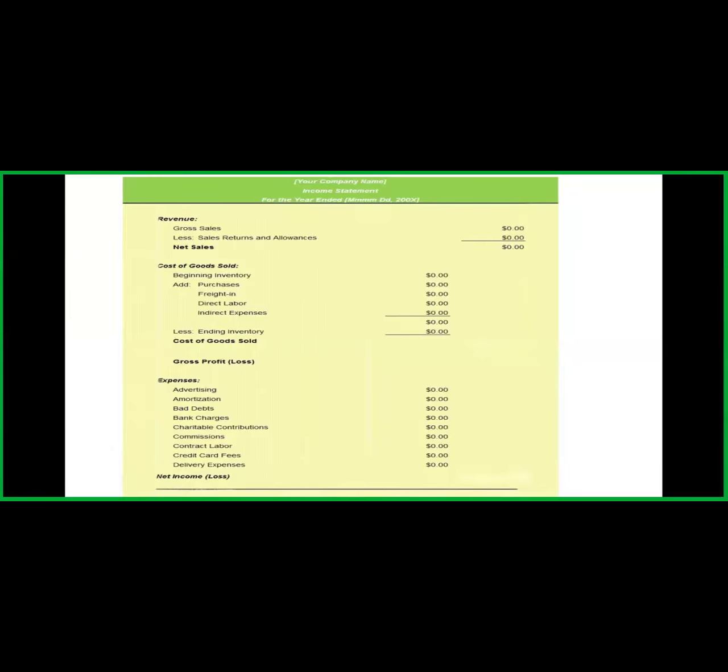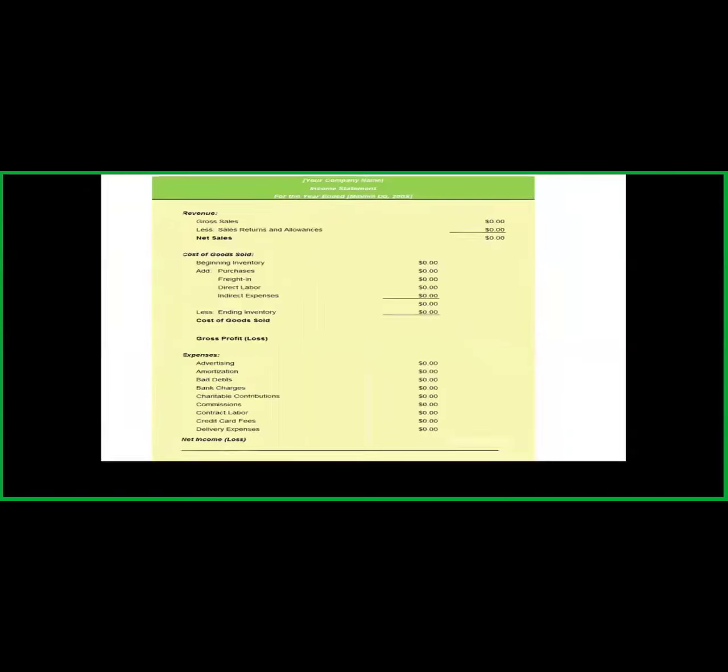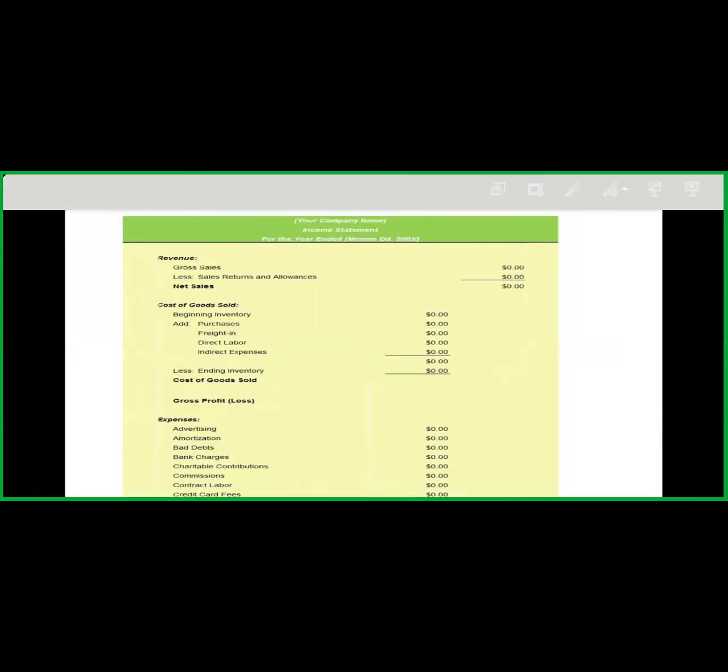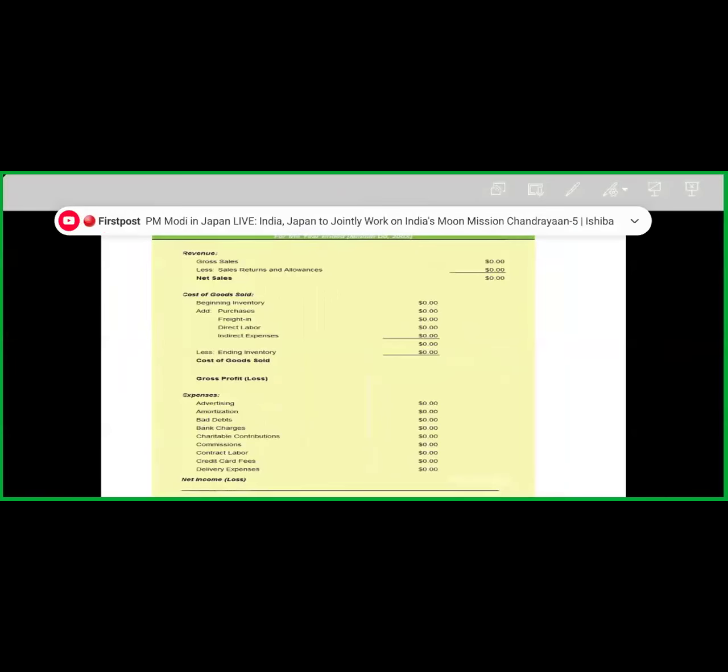If we subtract all these expenses, then we get the net profit. And this is the format of the profit and loss account.